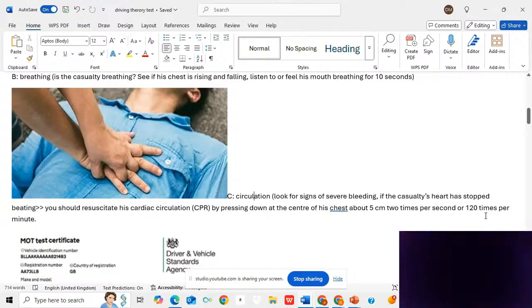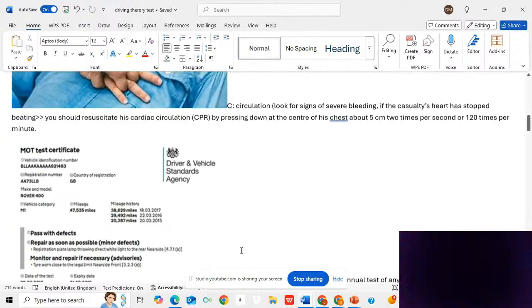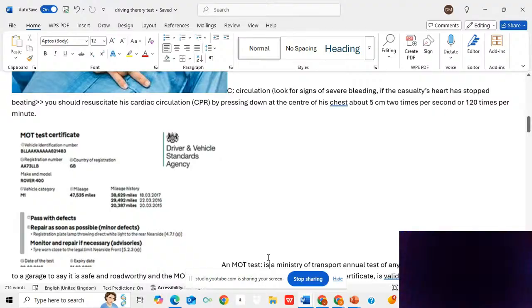Try to remember these numbers. 2 times per second or 120 times per minute. I think that's all.